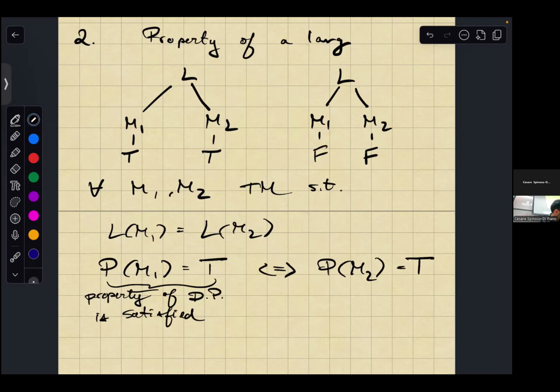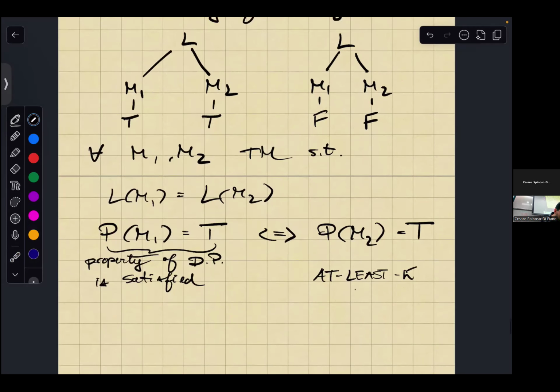So let's see. The property, just a reminder here for at least K, essentially the property is: does L of M contain at least K strings? Because what is L of M?